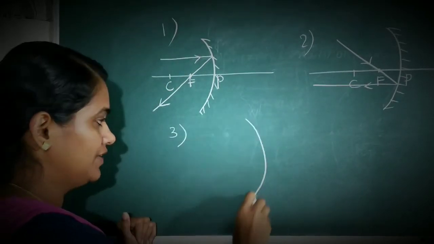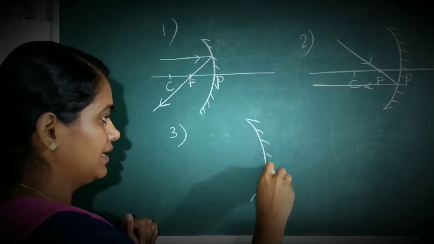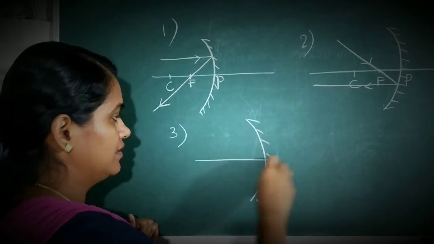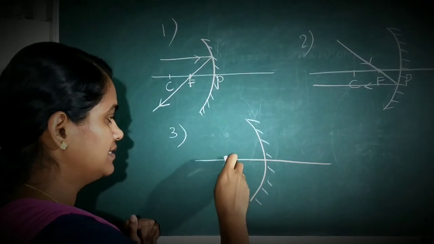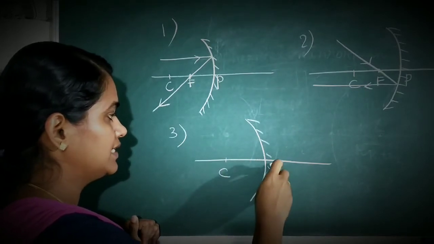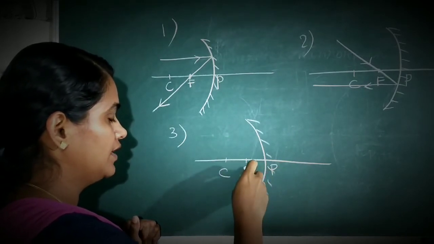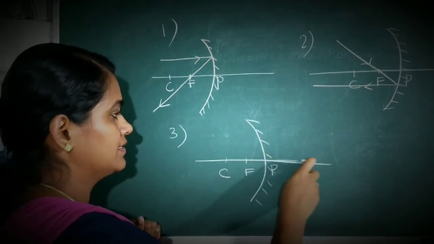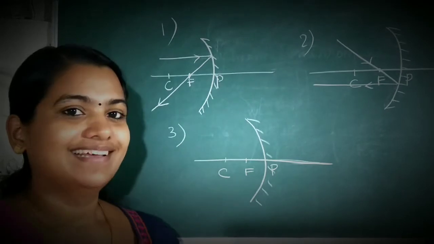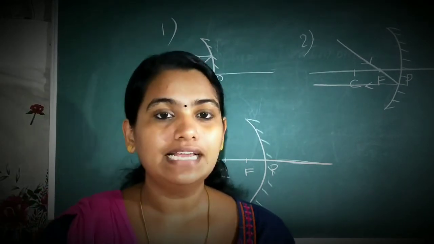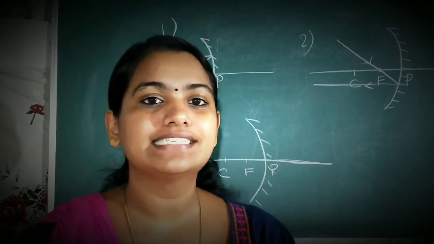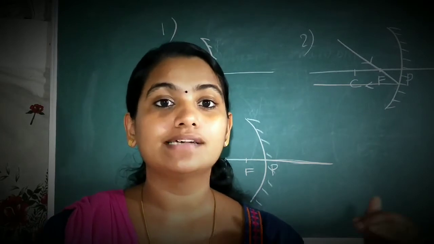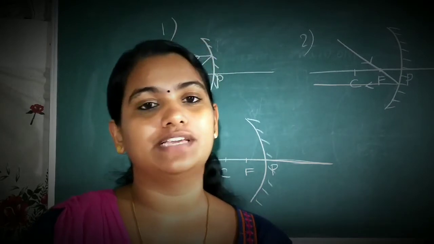again we'll draw a concave mirror like this. Then we have the principal axis, the center of curvature C, pole P, and a focus here. The third case is if the light ray is incident on the mirror passing through the center of curvature.